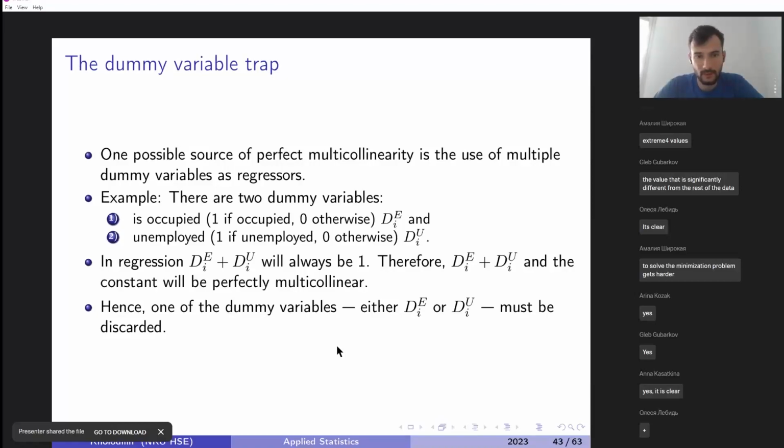And in sum, they will always give you 1. So then you need to kick out one of these regressors. And this is the dummy variable trap.